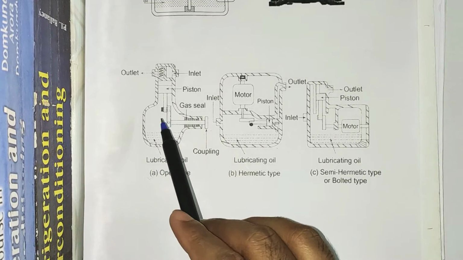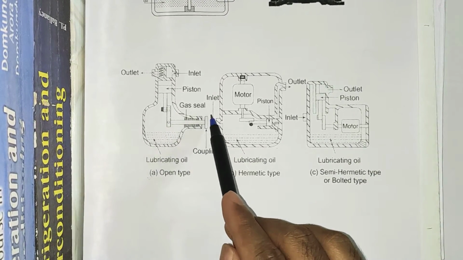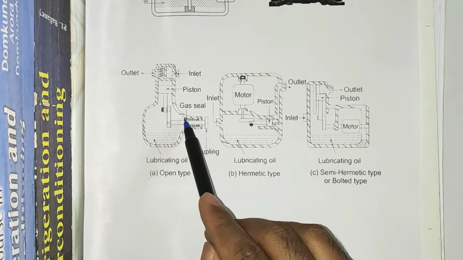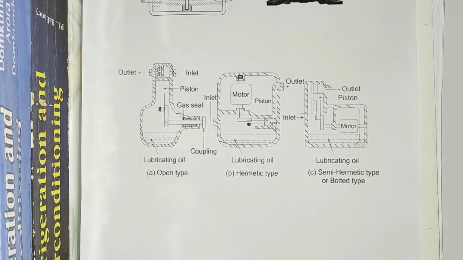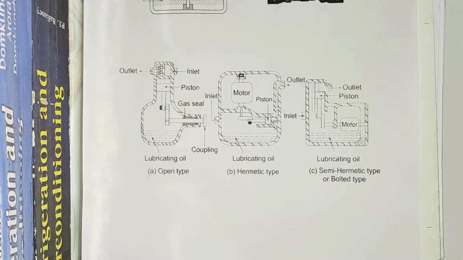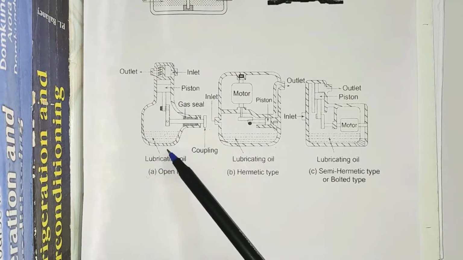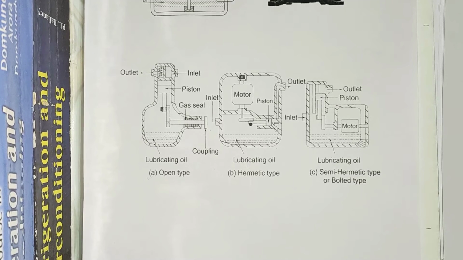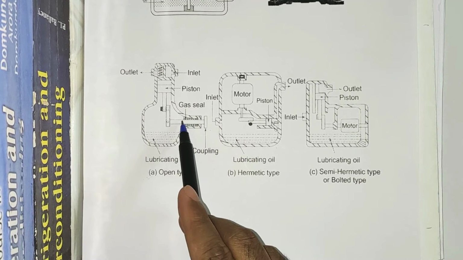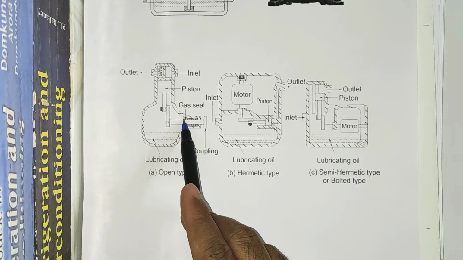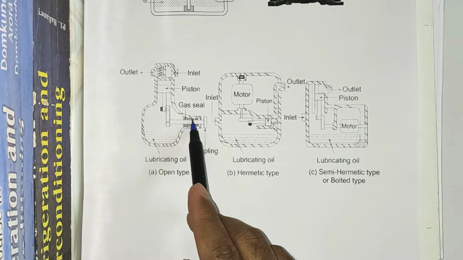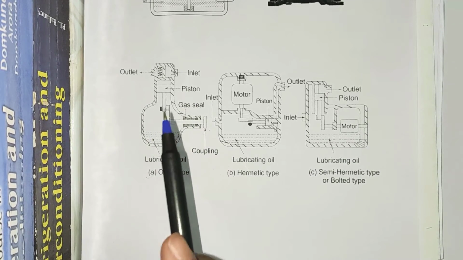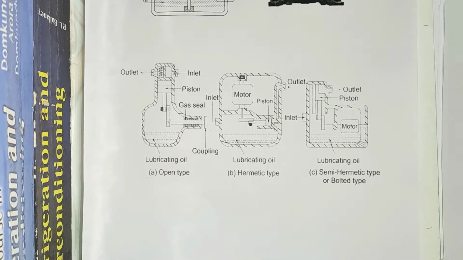However, since the shaft has to extend through this gas seal, some problem of leakage may be there in the case of open type compressors, which can be eliminated in hermetic type and semi-hermetic or bolted type. Since some extended portion is there, some refrigerant leakage may take place through this gas seal. So the problem of leakage cannot be fully eliminated in the case of open type.